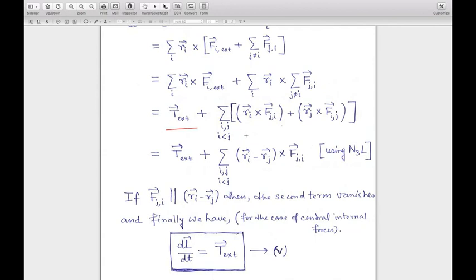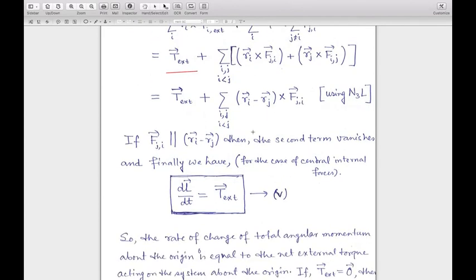Then finally, by using Newton's third law, you can say that this one is minus this one. So finally, for this double summation over i and j with i less than j, we are taking one order, and this is nothing but ri minus rj cross Fji. Now, how to comment on that?